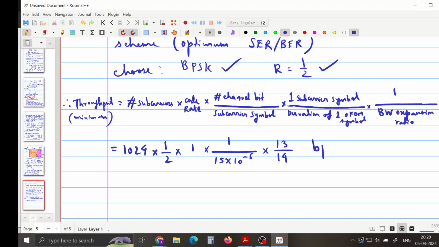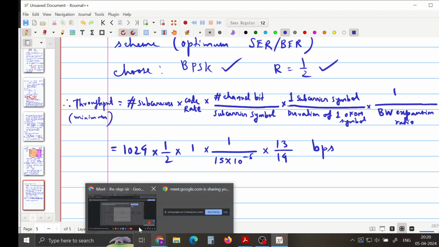This much bits per second. In numerator we will have number of bits, and in denominator we will have seconds, because we have expressed the duration of OFDM symbol from microseconds to seconds by adjusting by this factor of 10 to the power minus 6. Okay, just a second.